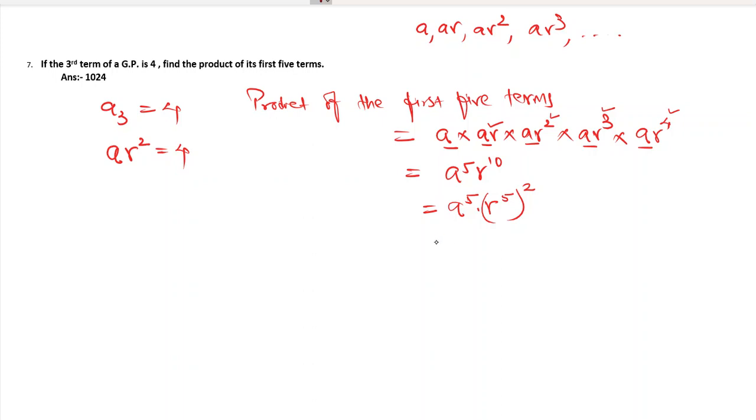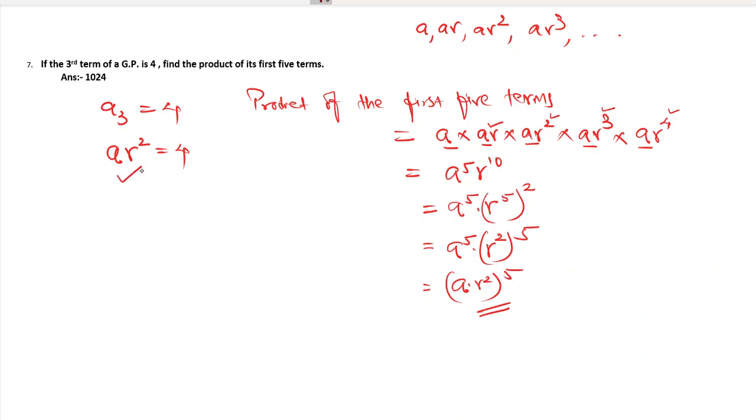We can write it this way: A raised to 5 into R square, the whole raised to 5. Yeah, we can write this also. This is also not wrong. So basically it is A into R square the whole raised to 5. If you write it this way, it is not wrong. Right? So product of first 5 terms is A into R square the whole raised to 5.